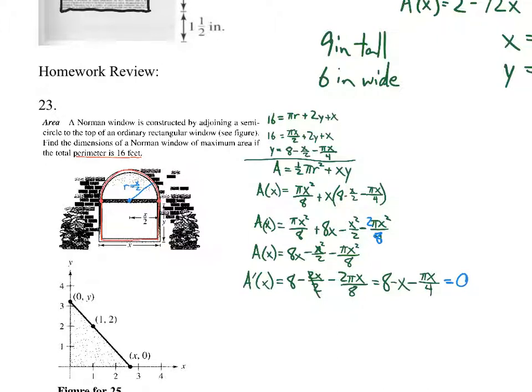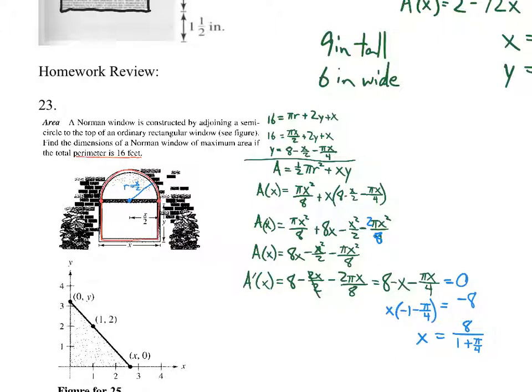Alright, if I take the 8 over here, I'll just factor out the x, and I have a negative 1 minus pi over 4. So x is going to be 8 over 1 plus pi over 4, if I cancel out the negatives when I divide.